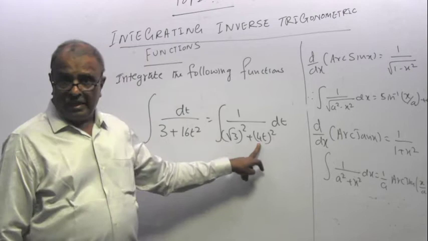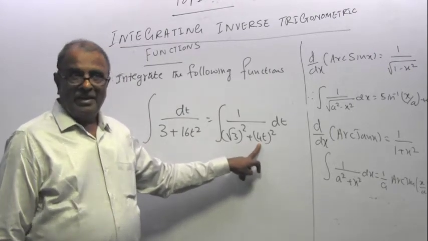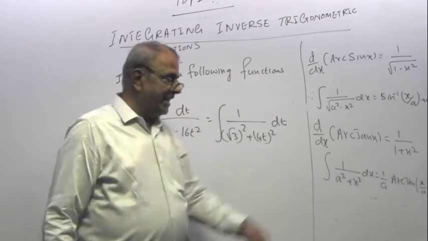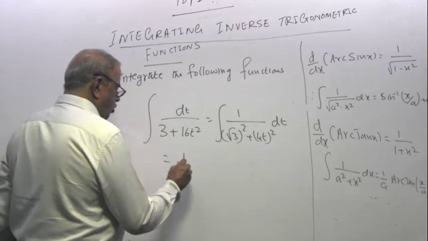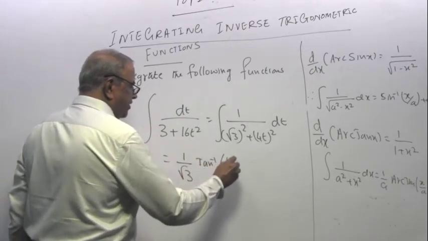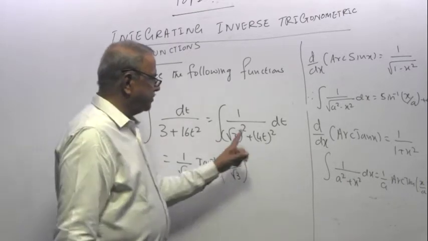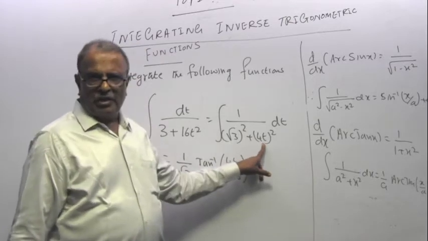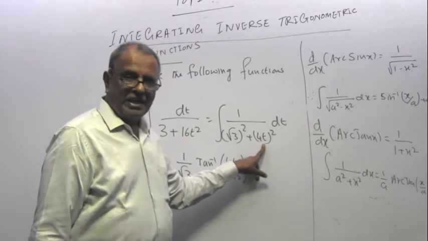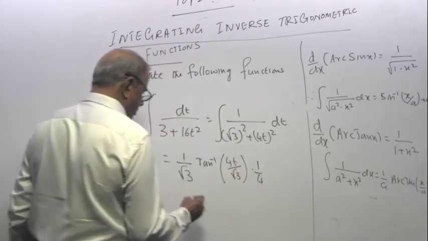When you differentiate 4t, you get 4, which is a constant. If it is a constant, then I can integrate directly. So it gives me 1 over a tan inverse x over a. That takes care of the integration. But when I differentiate 4t, I get 4, which is a constant. In integration, divide by the constant.